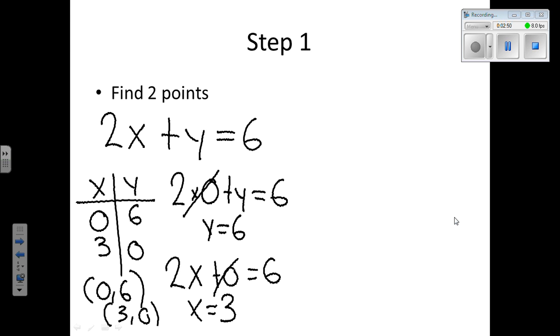What I did was I made x 0 in my first one and I solved for y, which I found to be 6. So my first coordinate point is 0 and 6. For my second coordinate point I made y 0, which made x 3. So my second coordinate point is 3 and 0.